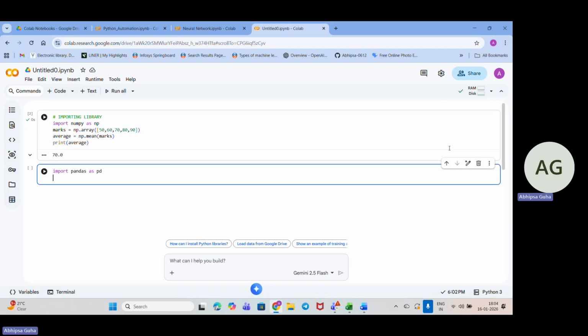We are taking data that is equal to student. Let's take student like that, and we have to add the values up here. So I am giving the values like this.